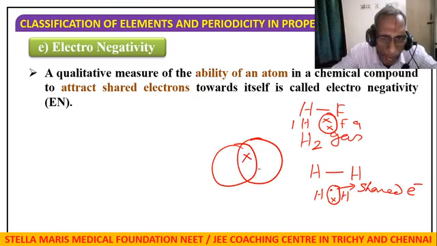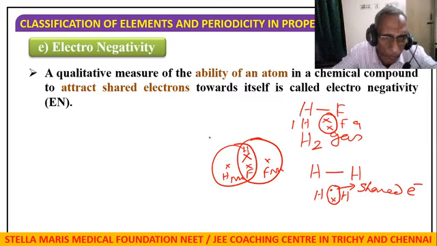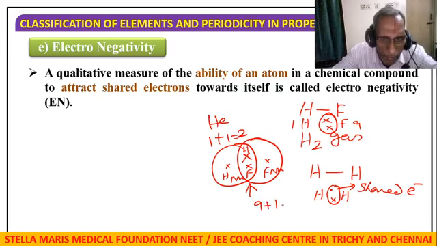So first 1 electron of hydrogen and 9th electron of fluorine is common. This is hydrogen nucleus. This is fluorine nucleus. We consider hydrogen atom, 1 plus 1, 2 electrons. Helium is stable. If you consider fluorine, 9 plus 1, 10.